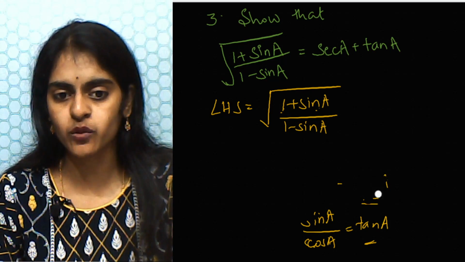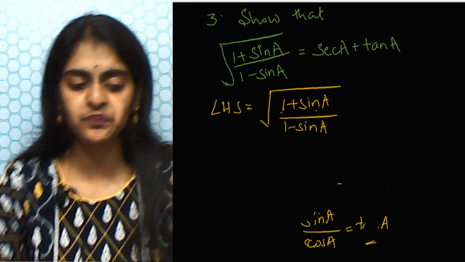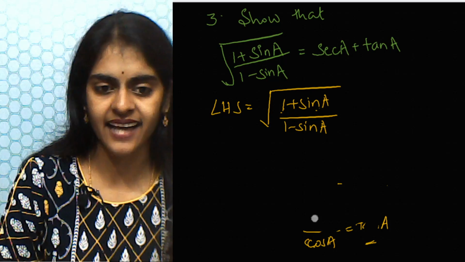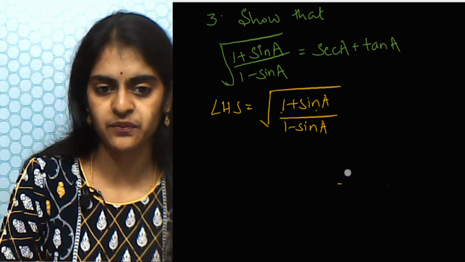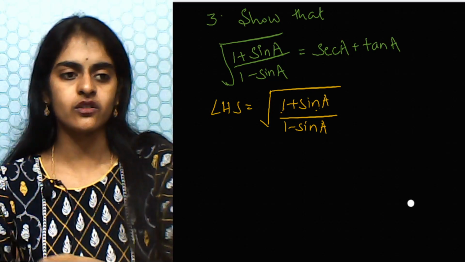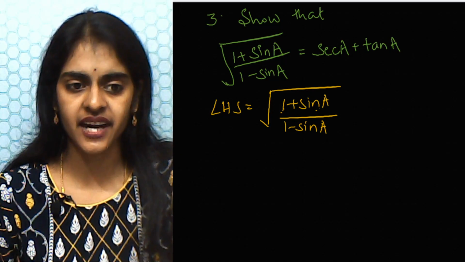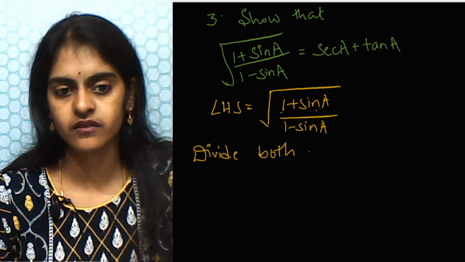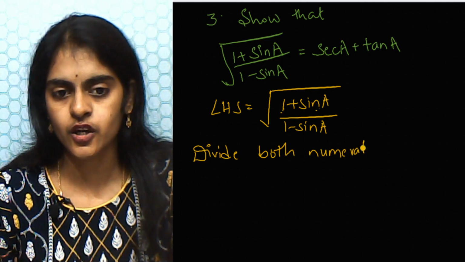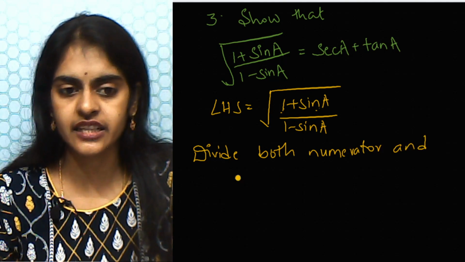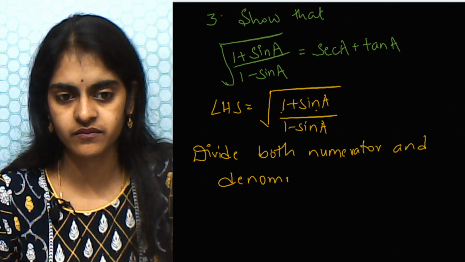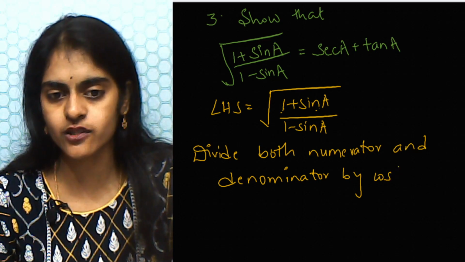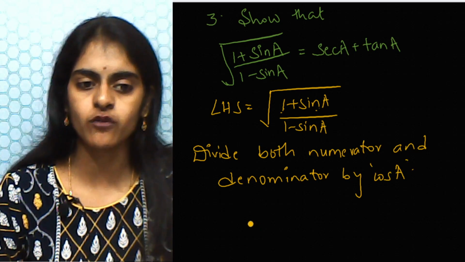Okay, so we shall divide both the numerator and denominator by cos theta. Here you have angle A, so we'll divide by cos A. Let us divide it and see. So here you'll just write divide both numerator and denominator by cos A. Dividing, what will you get here?